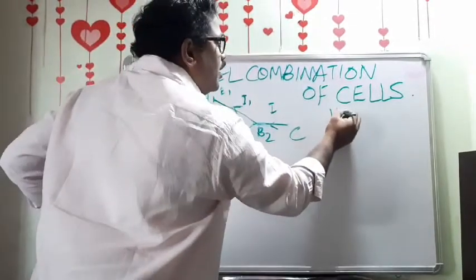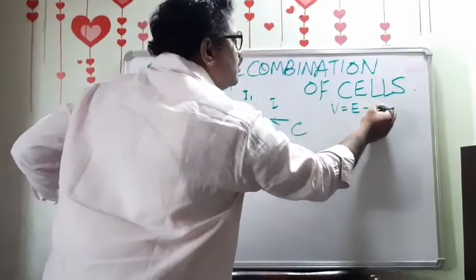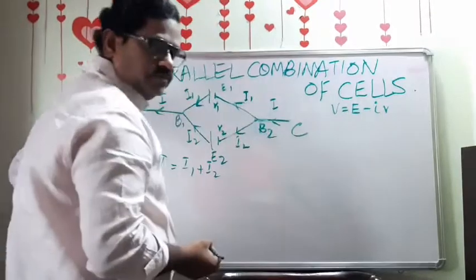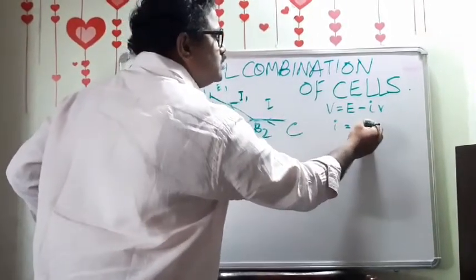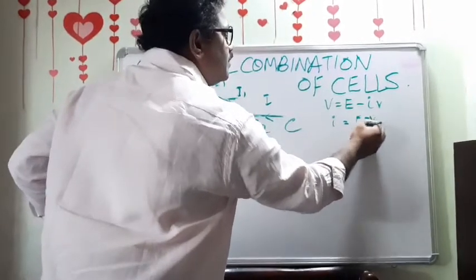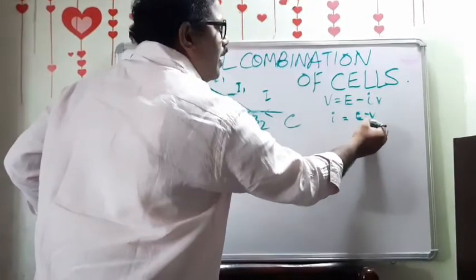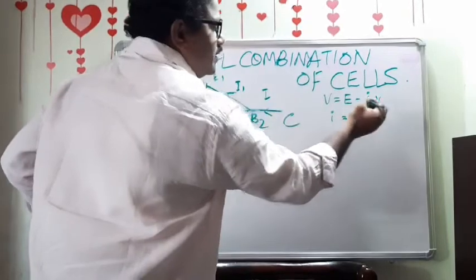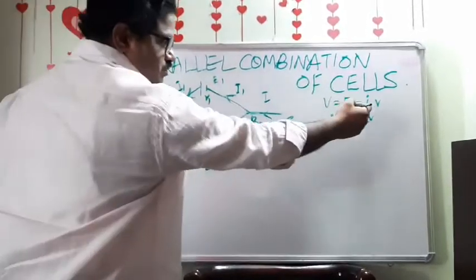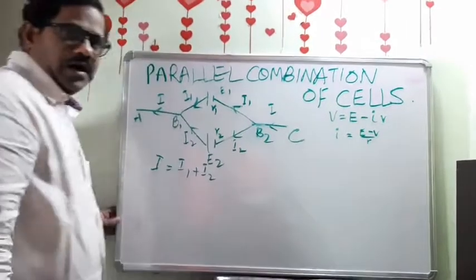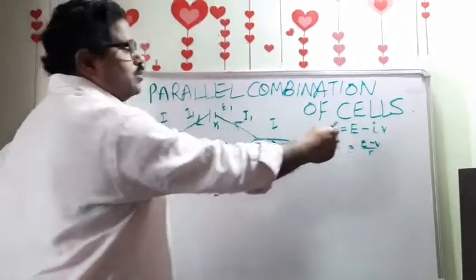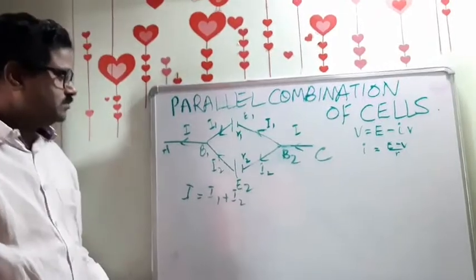And we know a basic relation V equals E minus IR. From this, transposing, I equals E minus V by R is the relation.